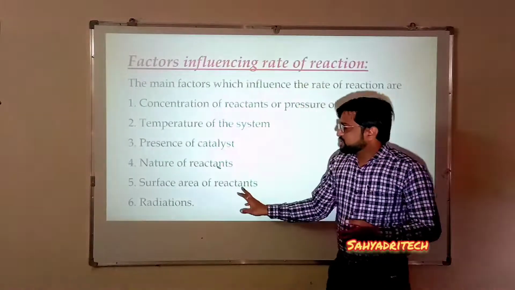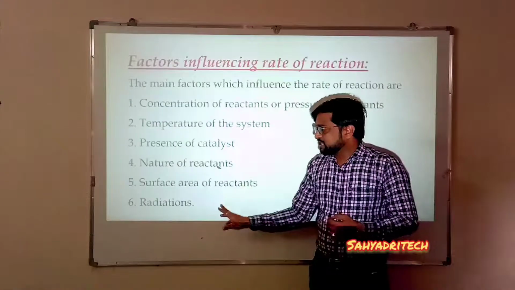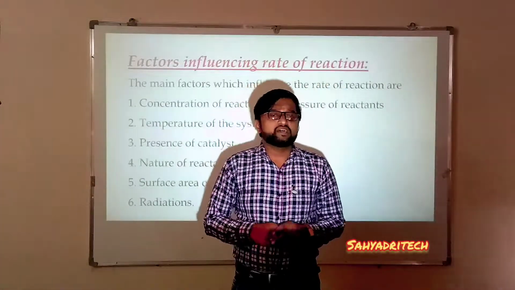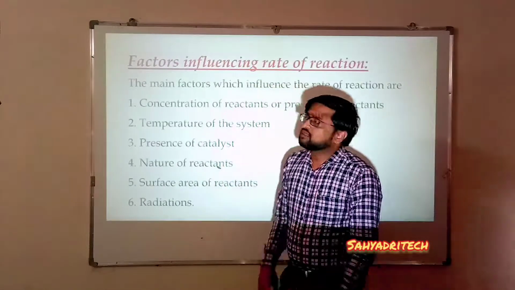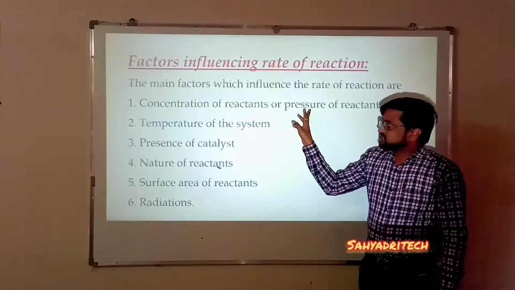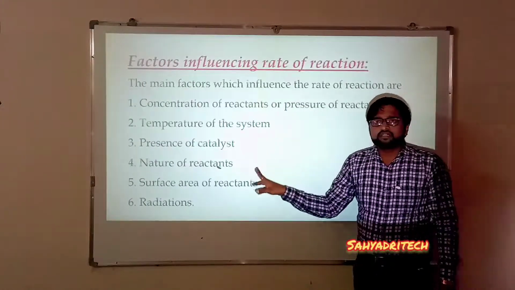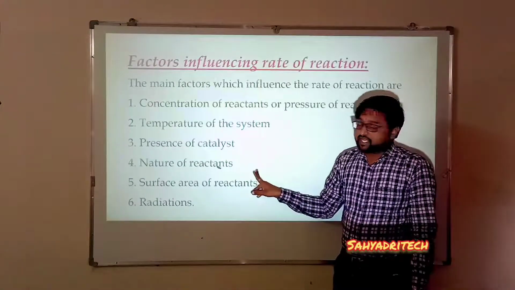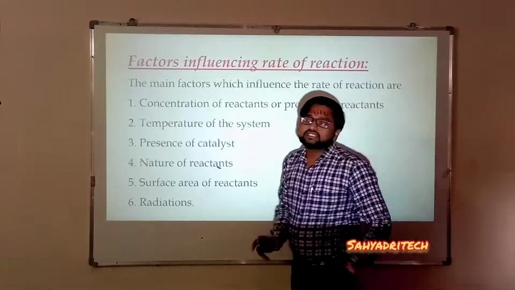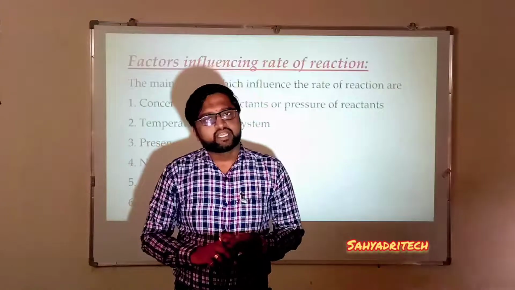And the fifth one, surface area of reactants. And the last one, in certain cases even radiation is also going to influence the rate of a reaction. So overall, the six factors: concentration of reactants, or pressure of reactants, temperature of the system, presence of catalyst, nature of reactants or nature of reaction, surface area of reactants, and radiation. These are the six factors which influence the rate of a chemical reaction.